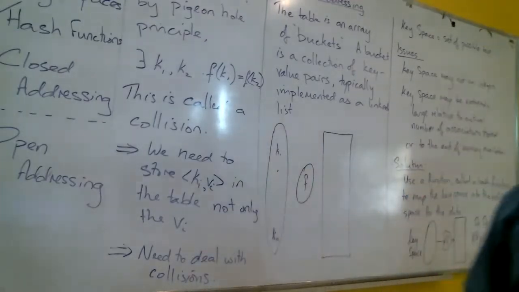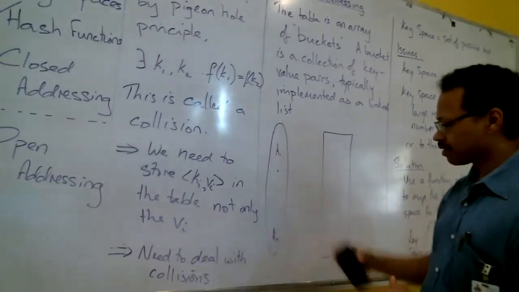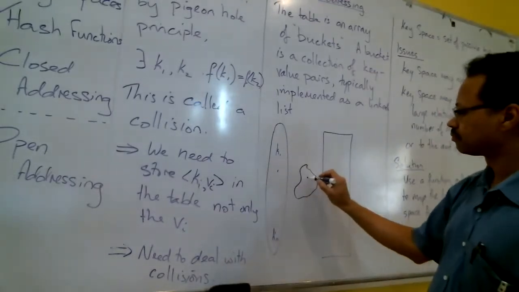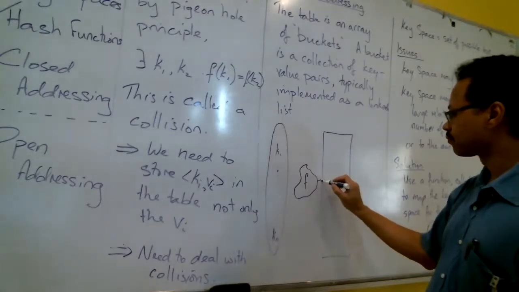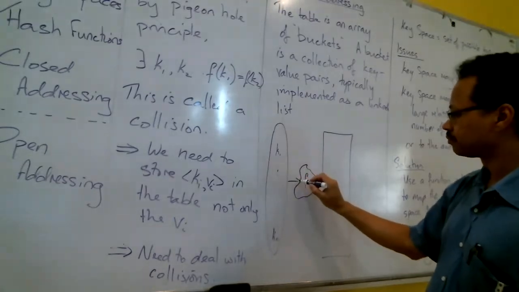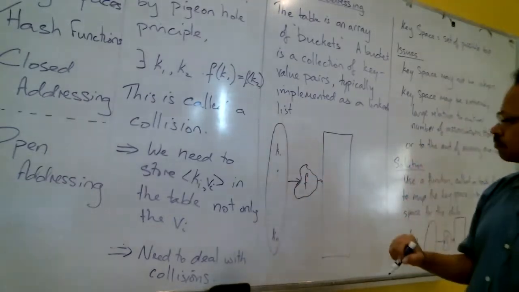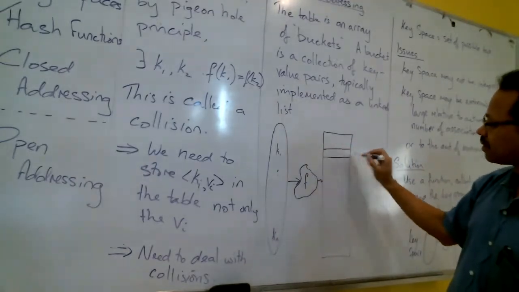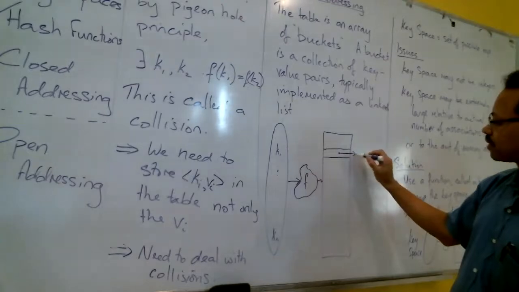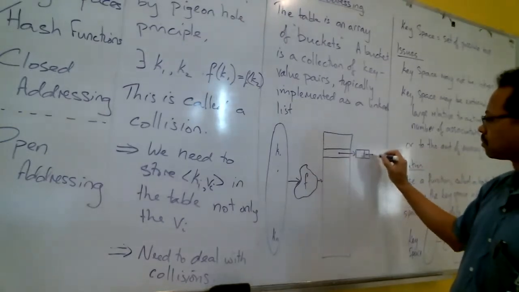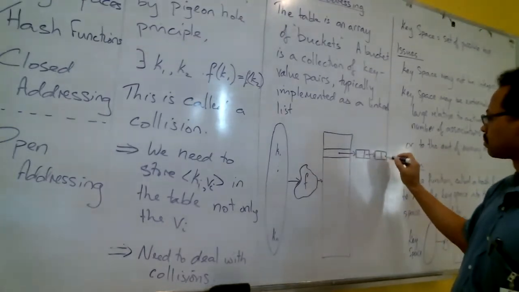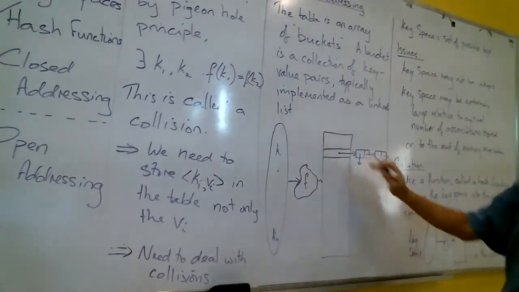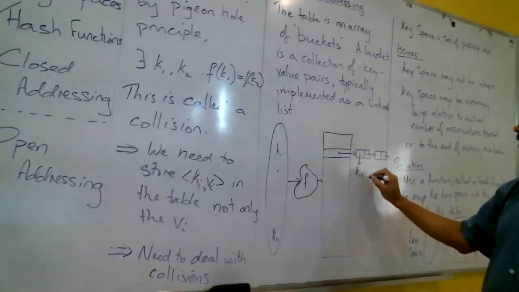Let me draw that a little bit, let me make that look wobbly. And now what you have in each cell is really a reference to all the keys that collided.